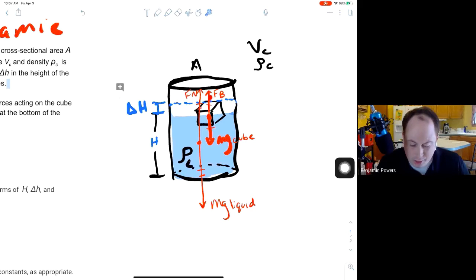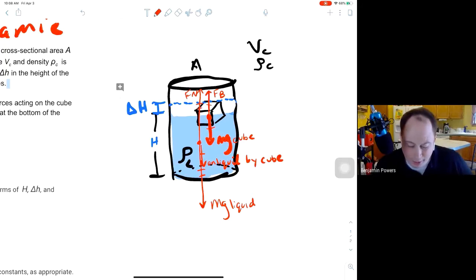So this force right here that I'm highlighting, that upward force on the cube, has to be matched with an equal and opposite downward push on the liquid by the cube. So you actually have this additional force downward on the liquid that we hadn't drawn in this first diagram, coming from Newton's third law action-reaction pair of a downward push on the liquid by the cube.